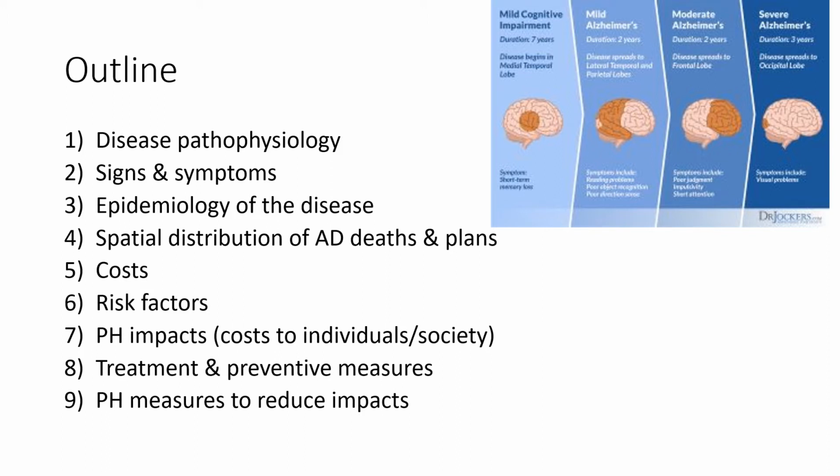Then I will talk about the cause of the disease, the risk factors, the public health impacts in terms of the cost to individuals and society. And finally, I will briefly discuss the treatment and preventive measures as well as the other public health measures to reduce the impacts of this disease.